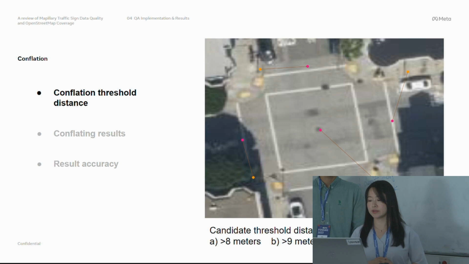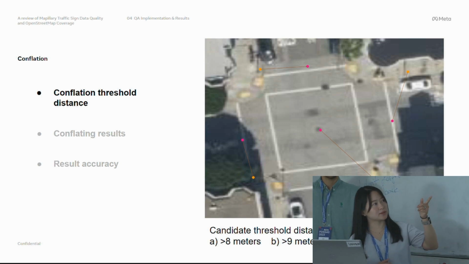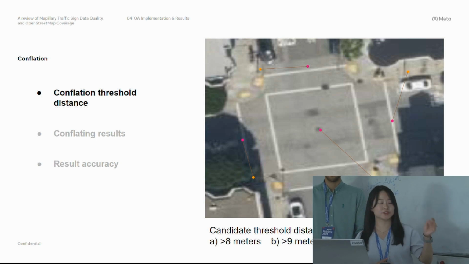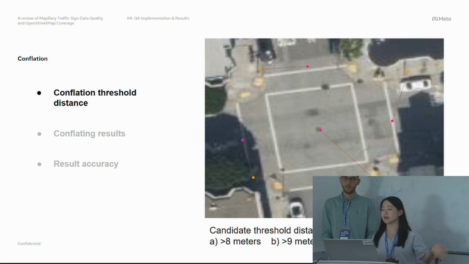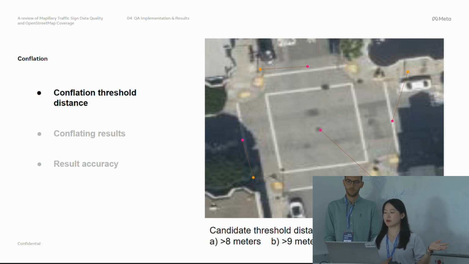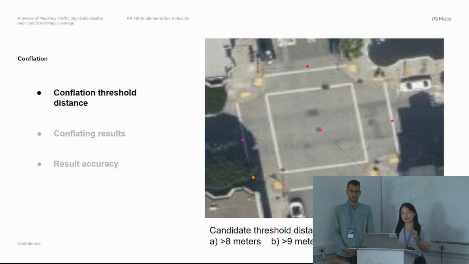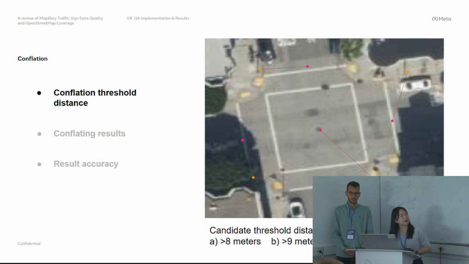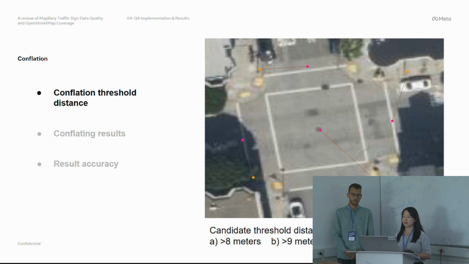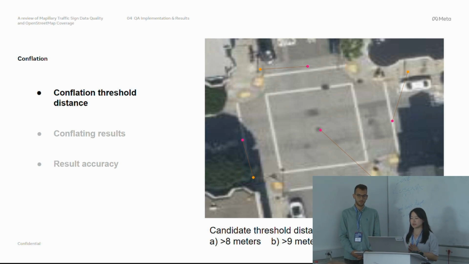the Mapillary generated data. Here the pink one is the OSM data, and the orange one here is the ground truth data that we have. So if we evaluate the distance, which is the solid line, if you can see in the image, it may not be very clear. We extract the statistics based on all these distances, and we find there are 3 candidate threshold distances that we can use.